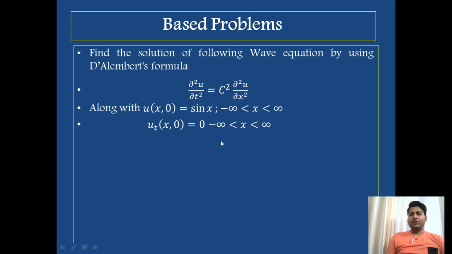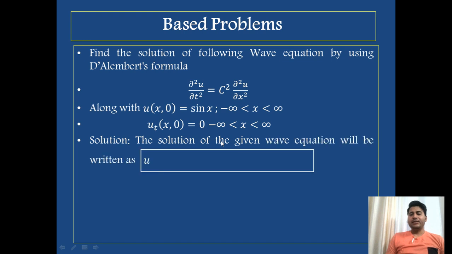In this formula, the solution of the above equation by using D'Alembert's formula is written as 1 upon 2 times f of x plus ct and f of x minus ct. f(x) is given as sin x here.